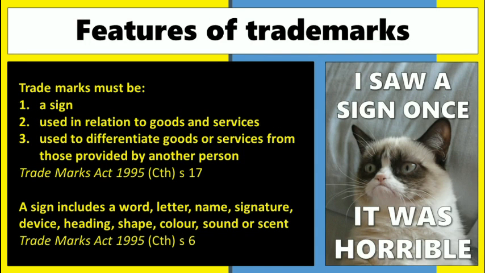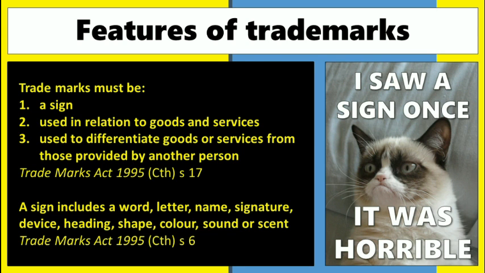So some key aspects of trademarks is that they have a very, very broad categorization. This idea of a sign that is associated with a product can be a word, a letter, a name, a signature, a drawing, a device, a heading, a shape, a color, or even a particular smell.